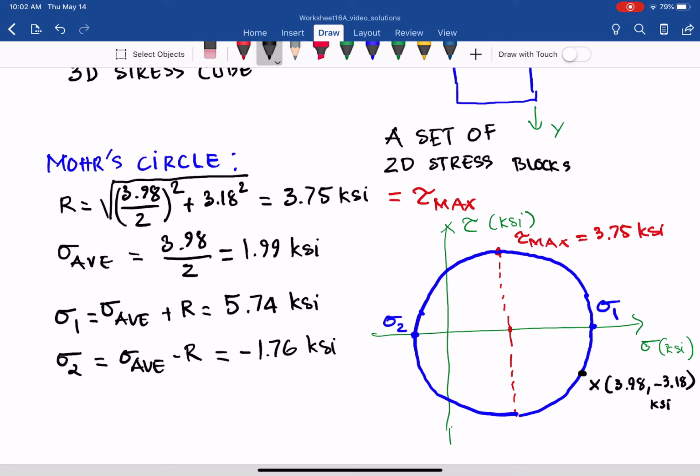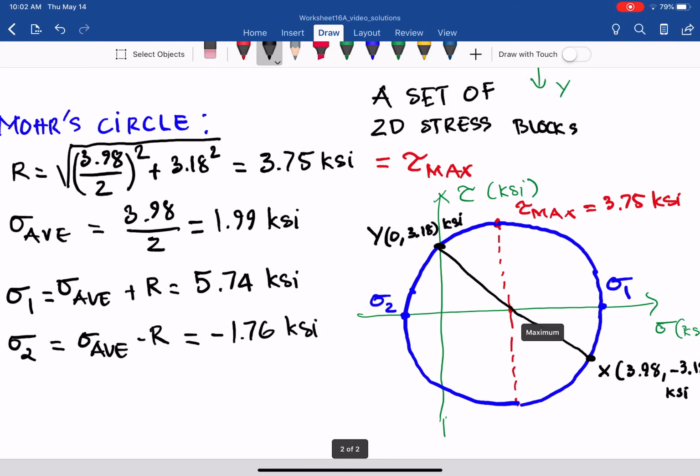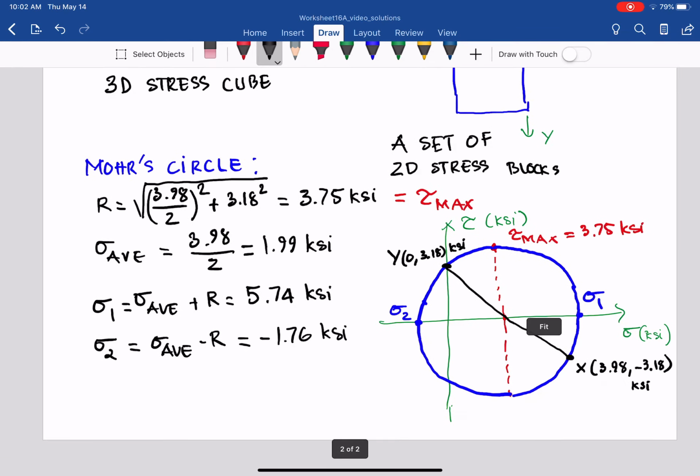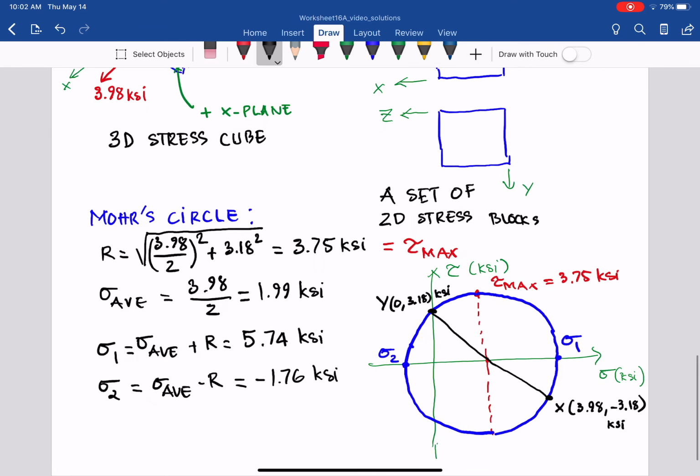And of course we draw that through the center. It will meet at this point, and because sigma y is 0, it has to be on that point, so it will be y equal to 0, positive 3.18 KSI, and that is the y-axis. And with that we are done.